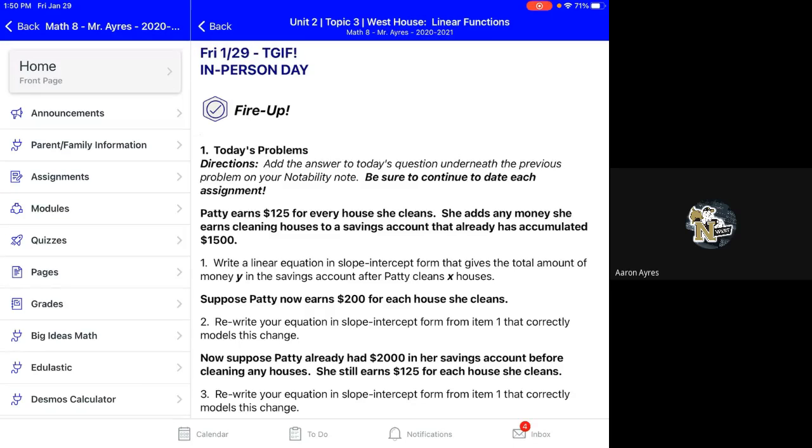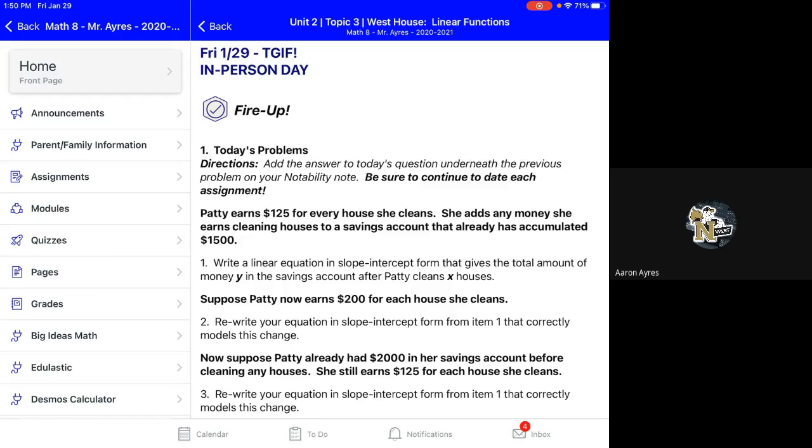Well, how did you determine that 125 was your slope? Because she makes 125 for every house that she builds. Very good. So the key words here were for every, right? That's your synonym this time for per. We're looking for words that mean the same as per. That represents a rate. In our case, it represents the slope.